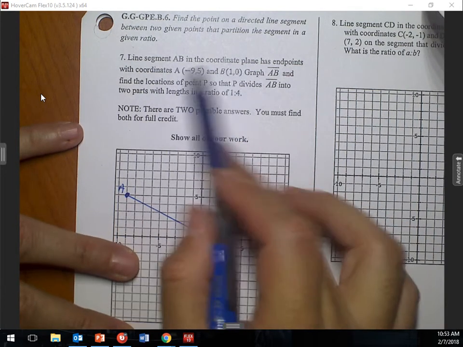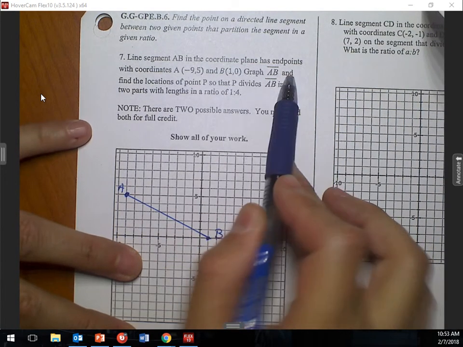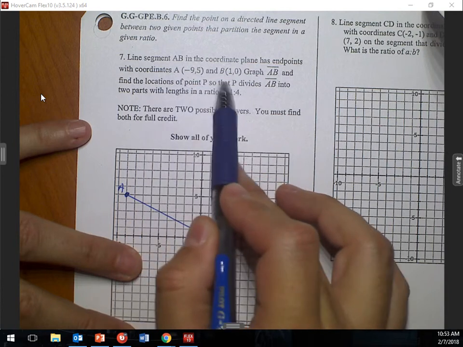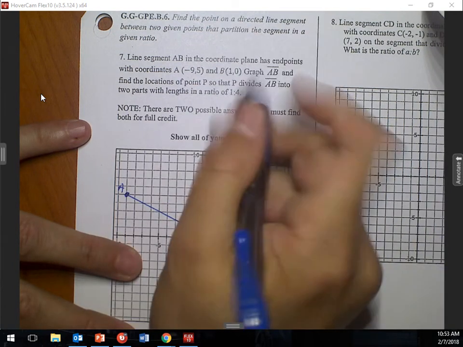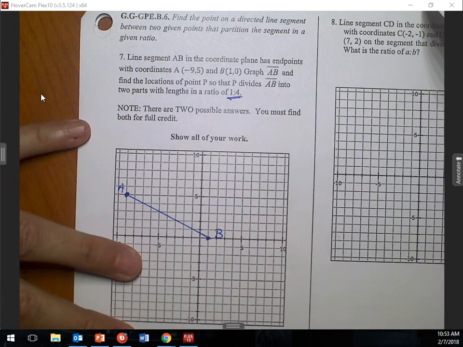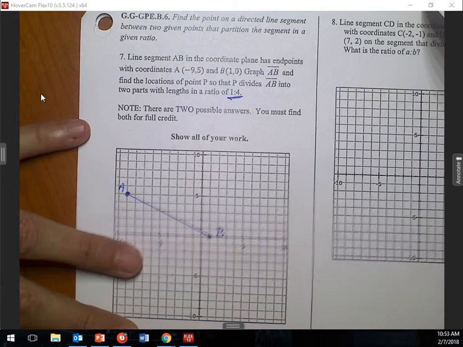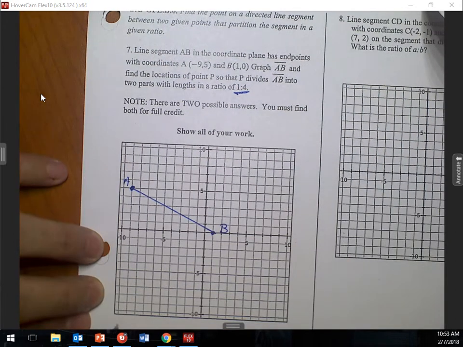So, I have my points, and it says graph AB, find the location of point P so that P divides it into two parts with length of the ratio of 1 to 4. If my ratio is 1 to 4, what is my fraction? Very good. Fraction is 1 over 5.